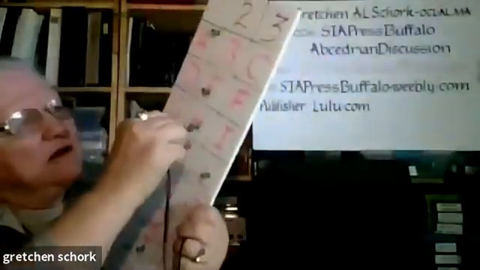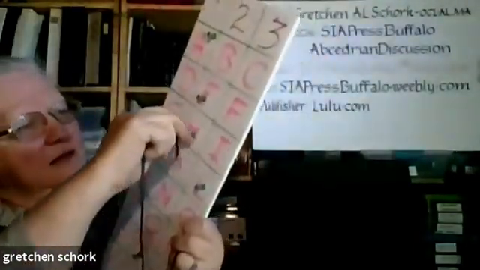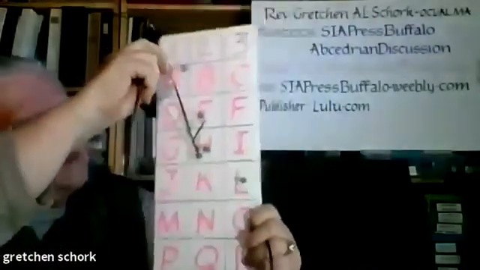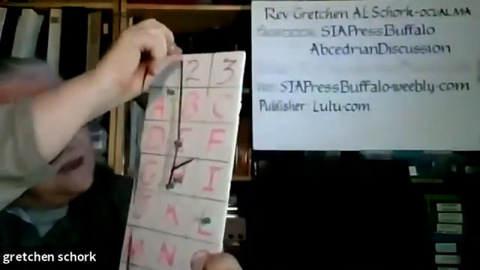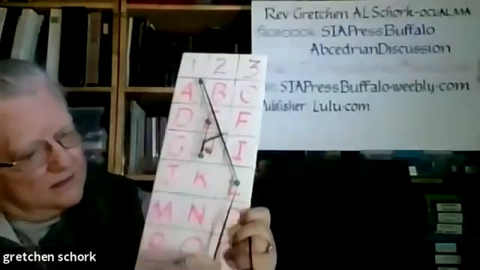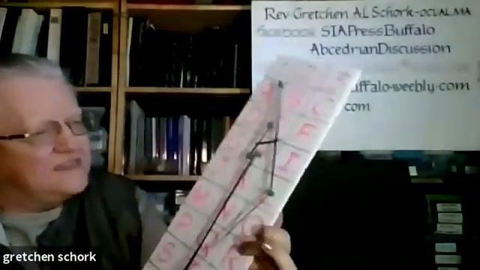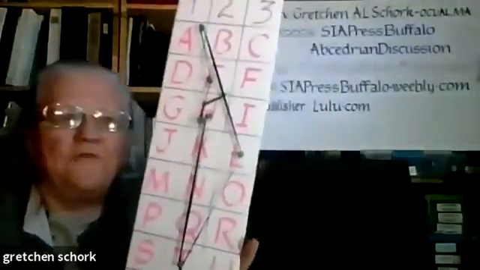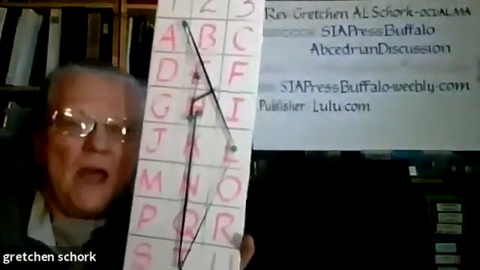We take our handy little piece of ribbon, H, E, A, L, T, H. Now, sometimes you can make these a little bit more aesthetically pleasing by moving the pin within the square. But fundamentally, this gives you the shape of the sigil for Saturn with the word health.